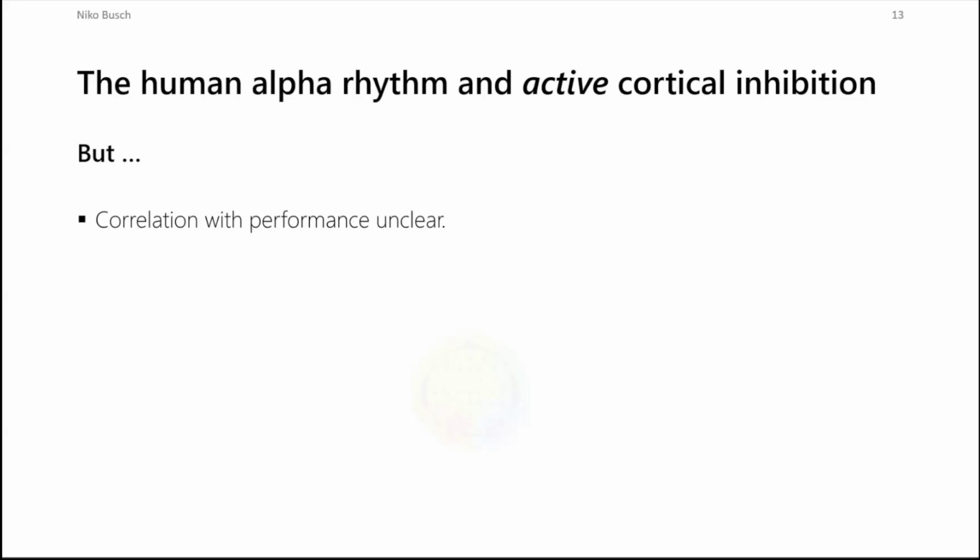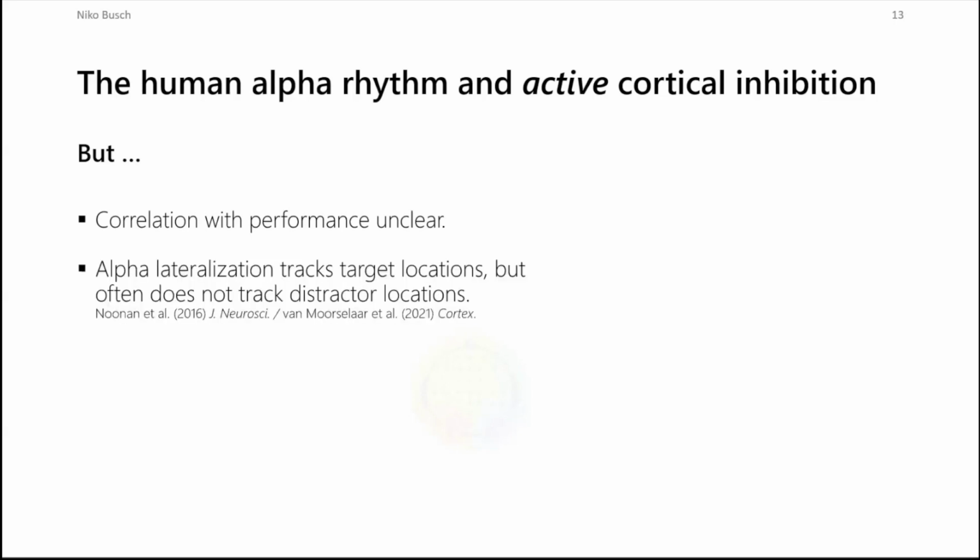Sometimes it is, no doubt, but often not. Sometimes it turns out that this lateralization does not really track where the distracting stuff is happening, which is weird if it's supposed to be a filter to filter distracting stuff. Rather, it's directed at the relevant stuff. That's not always the case. There are brilliant studies, for example, from people in this very room, where the effects are more consistent.